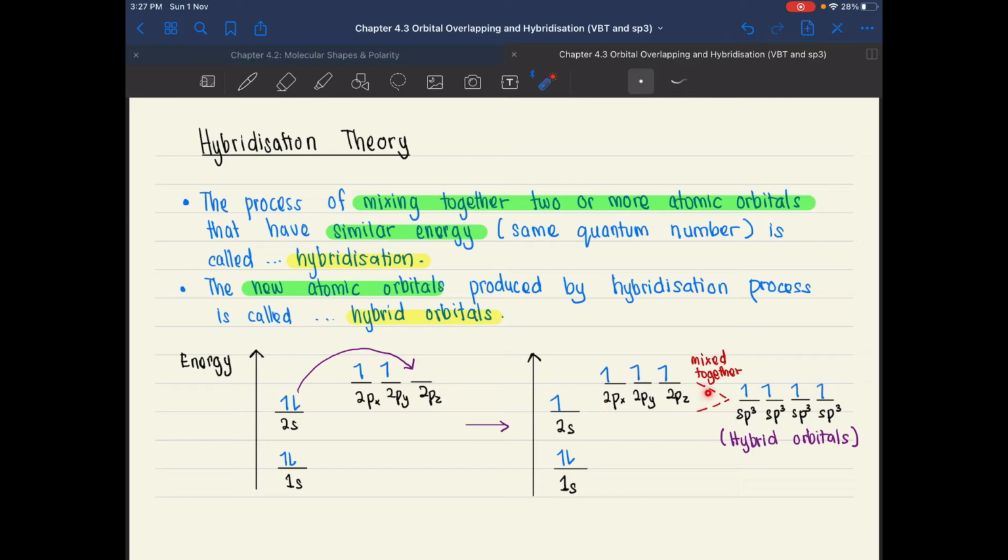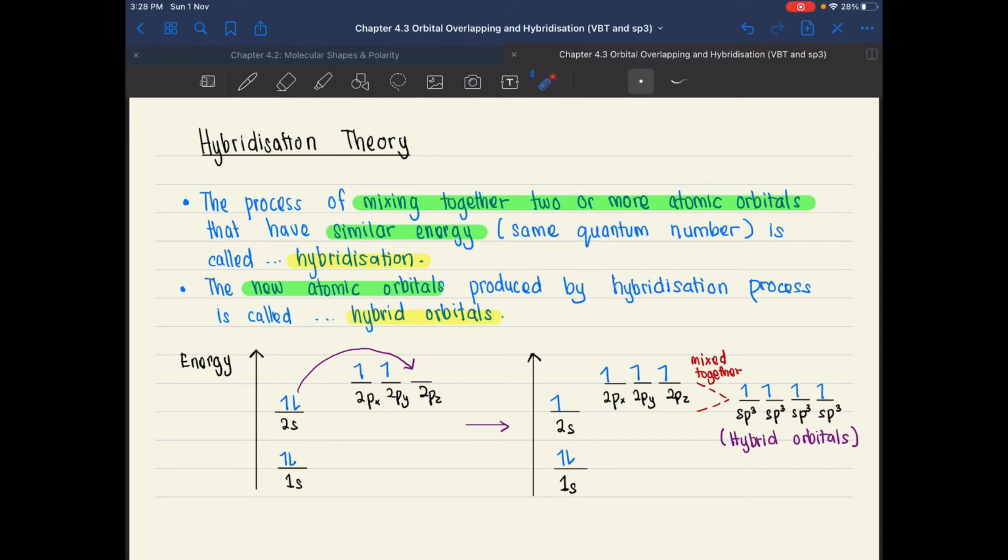When we mix them together, we will form 4 new hybrid orbitals, and these are called sp3 hybrid orbitals. Why sp3? Because we mixed one 2s orbital and three 2p orbitals, so that's why we form sp3 hybrid orbitals. This 1s we just leave alone, because the one responsible for bonding is the valence electronic configuration.